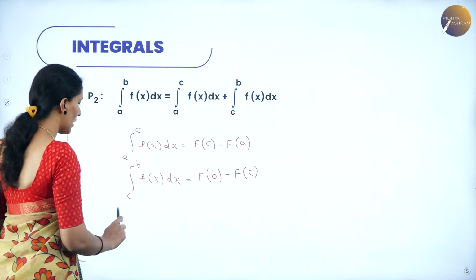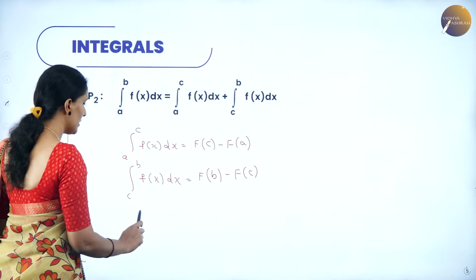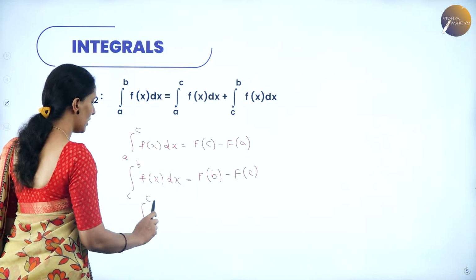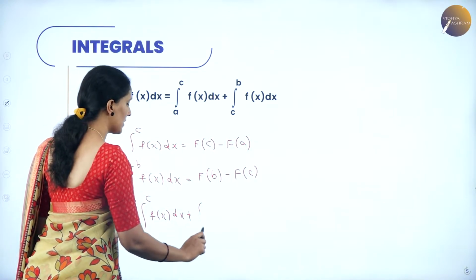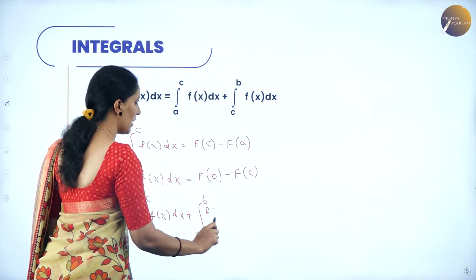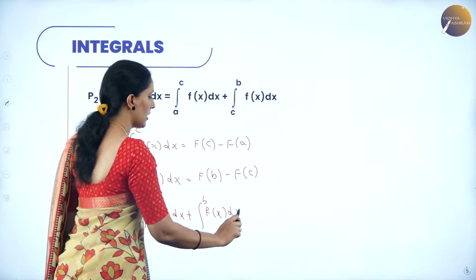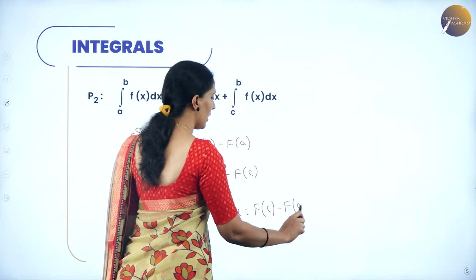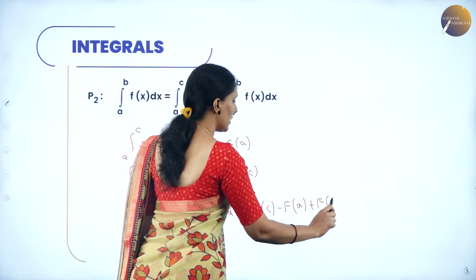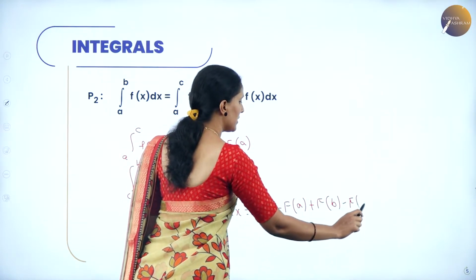Add both the integrals. When you add, integral a to c f of x dx plus integral c to b f of x dx is F of c minus F of a plus F of b minus F of c.